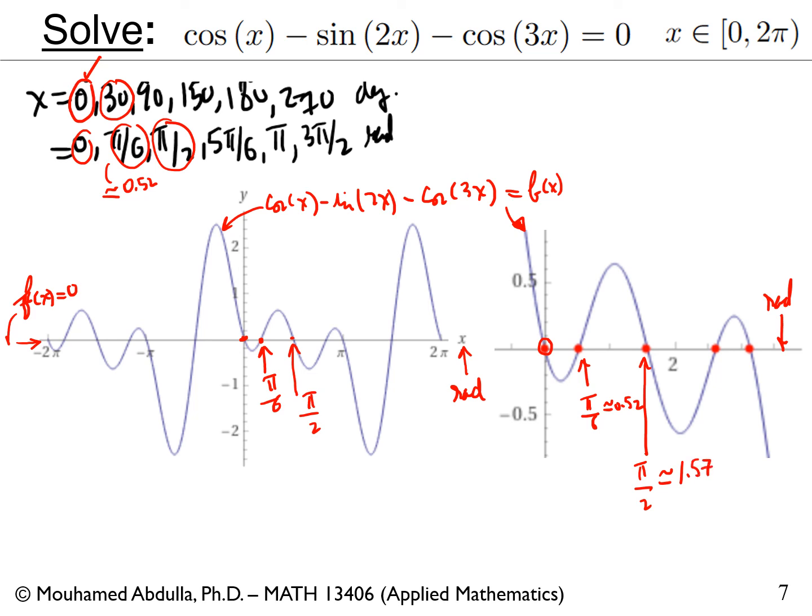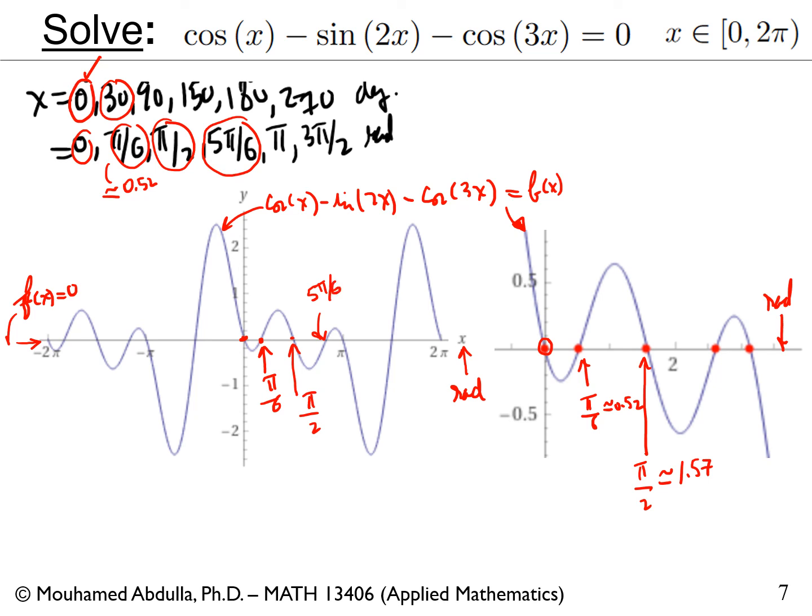Okay, we also have another point at 5 pi over 6. So 5 pi over 6 would be here. This is 5 pi over 6 radians.